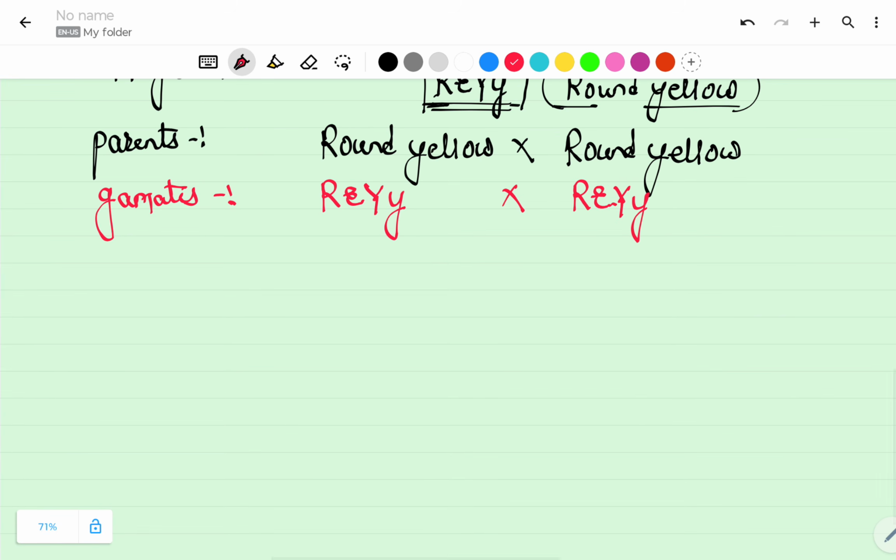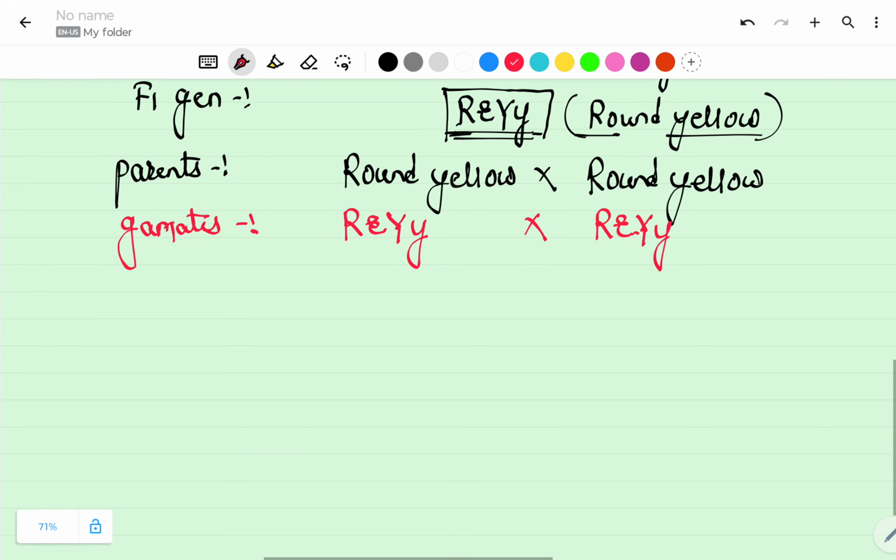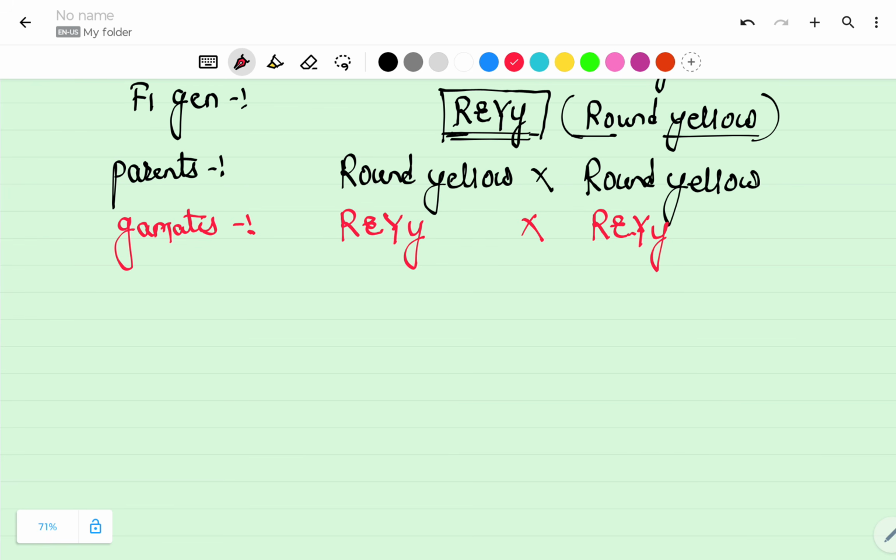We are pairing these characters, so we are making 4 pairs. Here capital R is combined with capital Y, and we prepare 4 pairs. The first pair is capital R capital Y. The second pair is capital R small y.